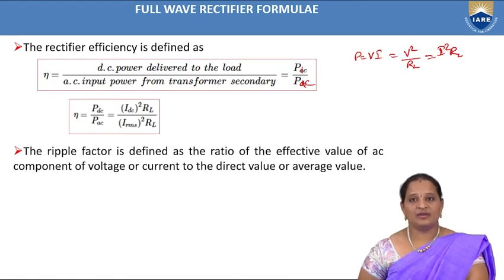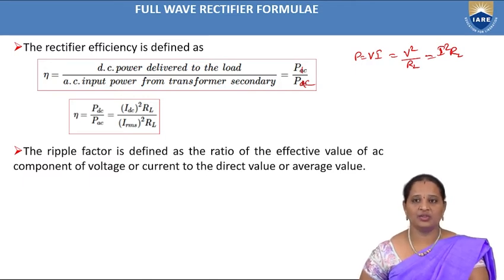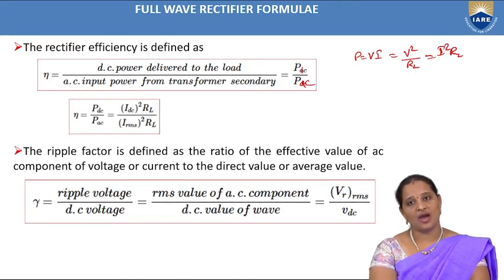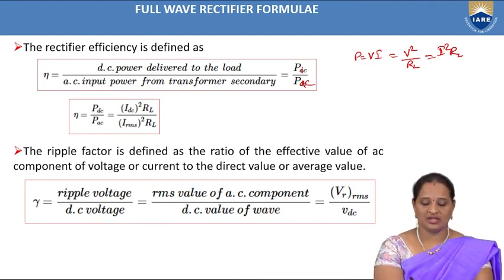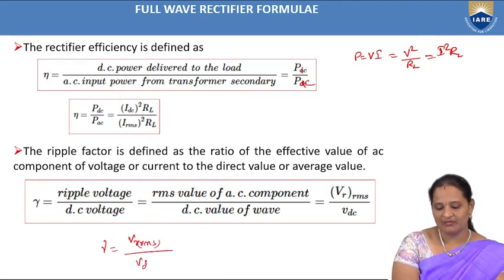Similarly, the ripple factor is defined as the ratio of the effective value of the AC component of voltage or current to the direct or average value. That is, the ripple factor is the ratio of the RMS value of the ripple voltage to the average value, which we can write as VRMS divided by VDC.